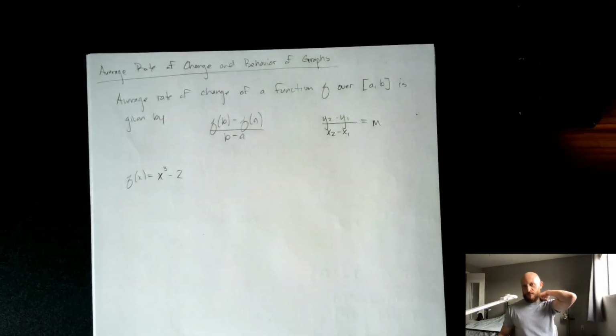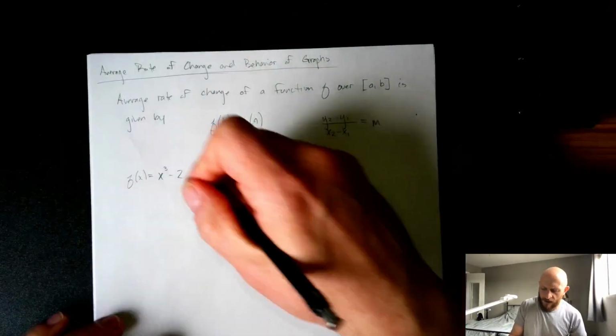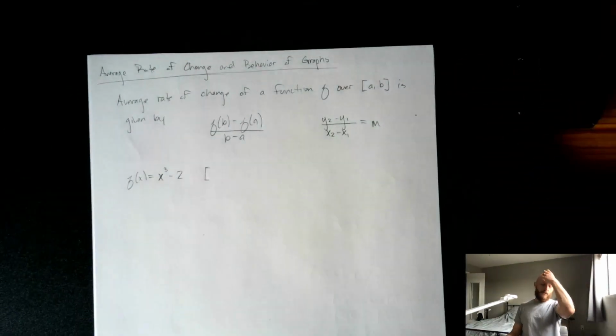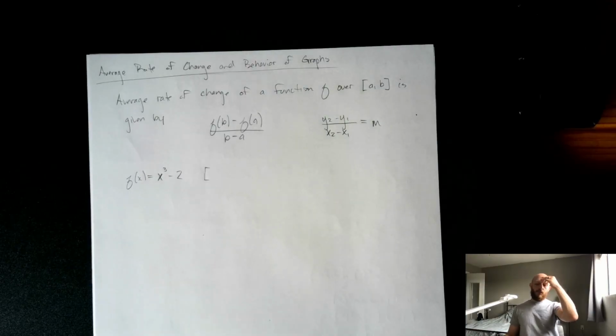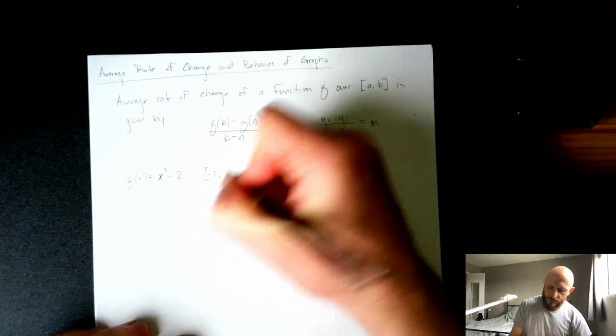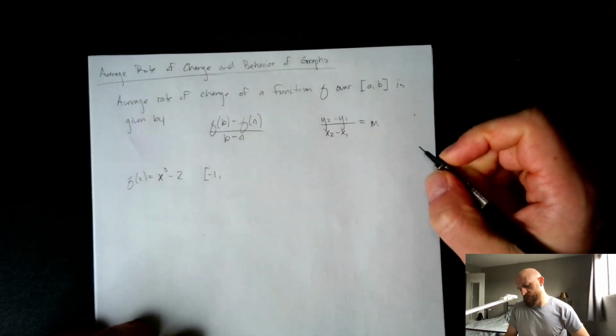I'm just coming up with something off the top of my head. And let's choose an interval. We'll do the interval from, what might be good? I'm trying to make sure I don't give myself numbers that are going to be tough to compute. Let's do from -1 to 4.